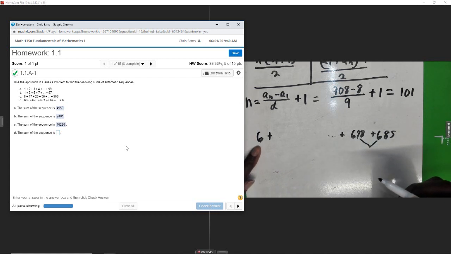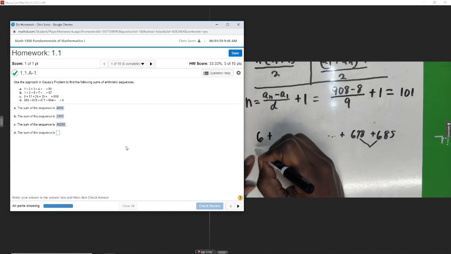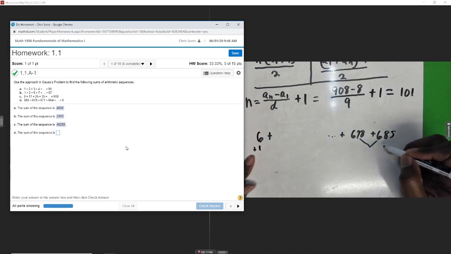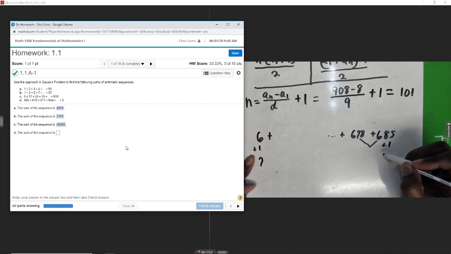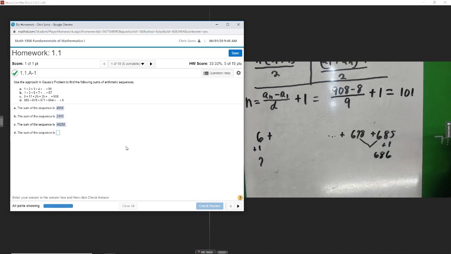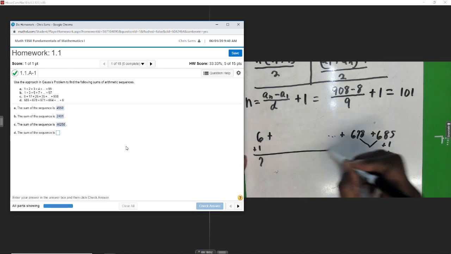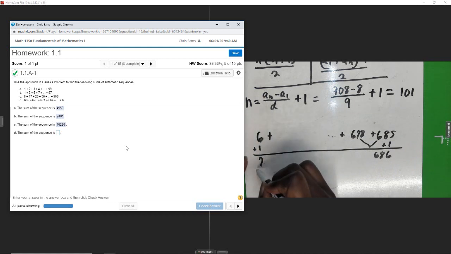I don't start with 7, so I add 1 to everything. My first term would be 7, and this would be 686. I'm just adding 1 to shift my sequence so that if I divide by 7, this will start with 1.